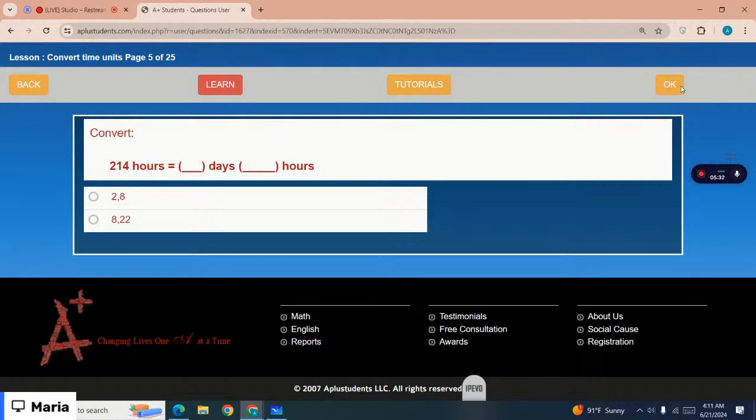So you have to divide it by 24. 8 days, 22 hours. The correct option is 8 days, 22 hours.